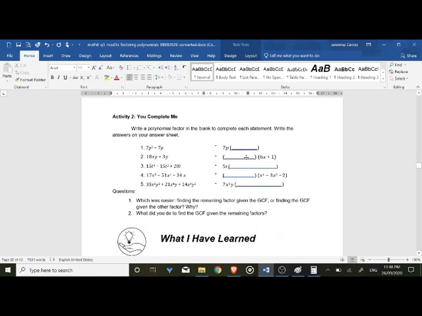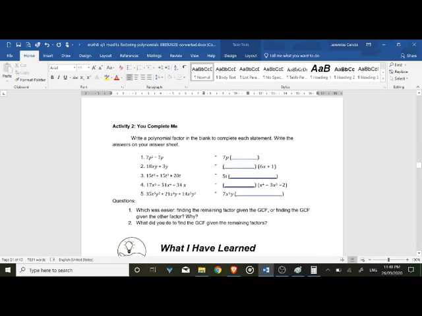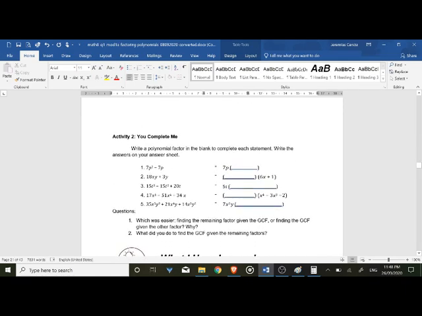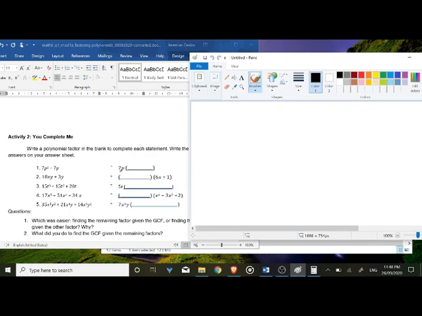That is activity 2. You complete me. So, pag given na po yung isang factor, it's just like multiplication, multiplying two factors, the result is the product, which is the polynomial dito.